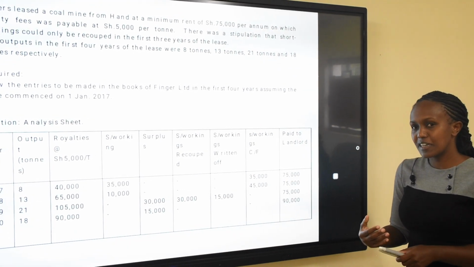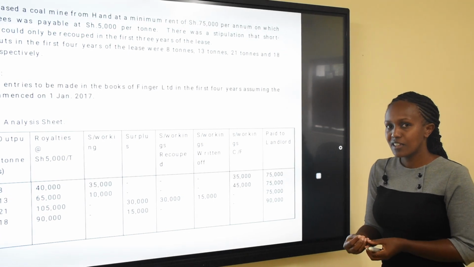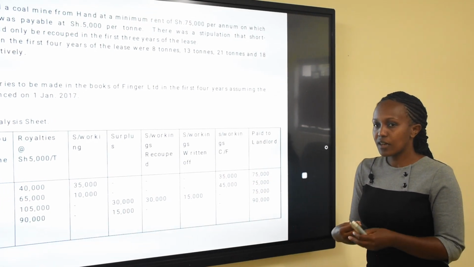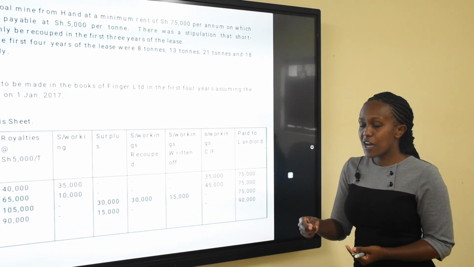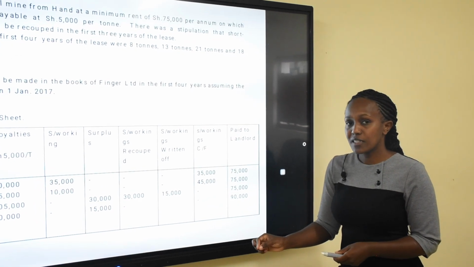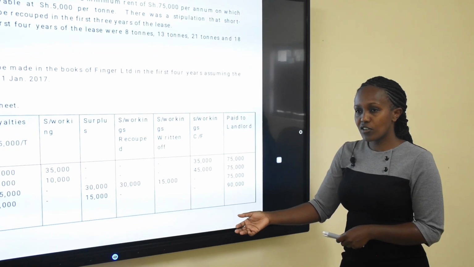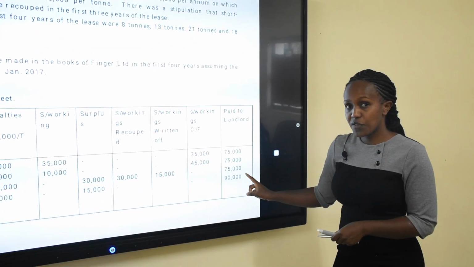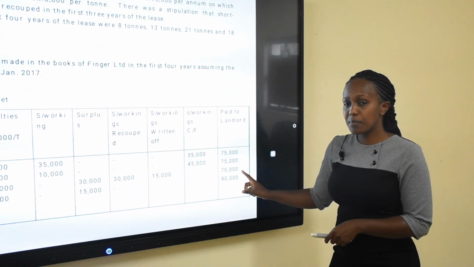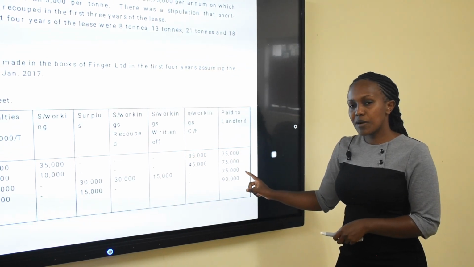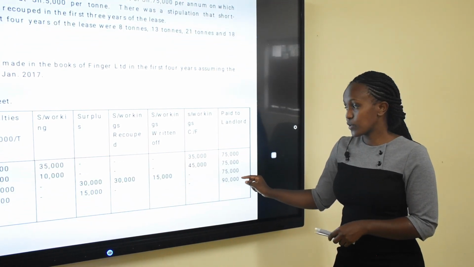So he has allowed the tenant to take 30,000 for himself to recover his past losses. Therefore, of 105,000, having given the tenant 30,000 to cover his losses, he shall take 75,000, which is the minimum rent. Remember, the landlord shall never be paid anything less than 75,000.